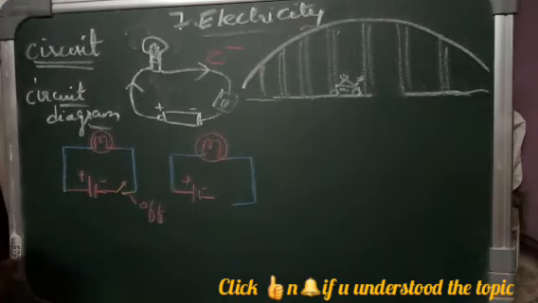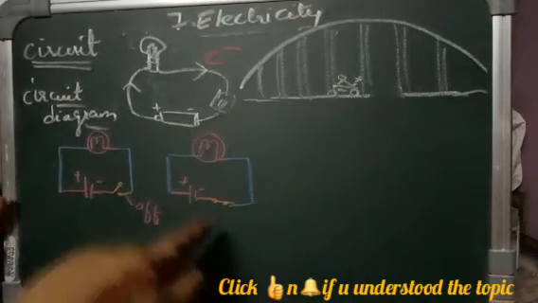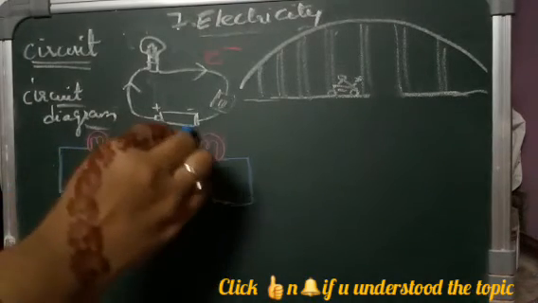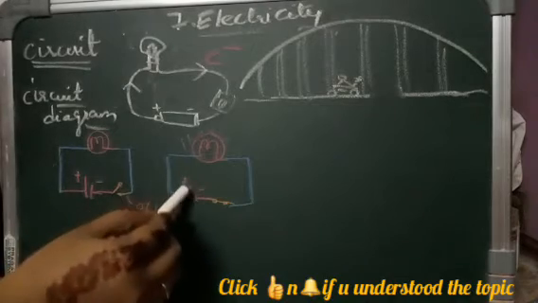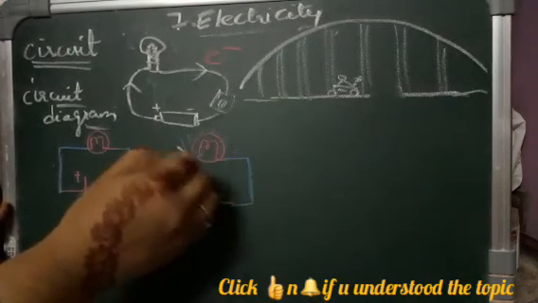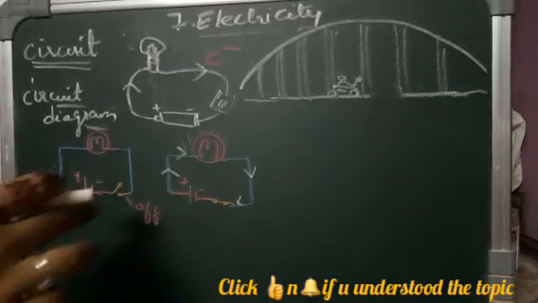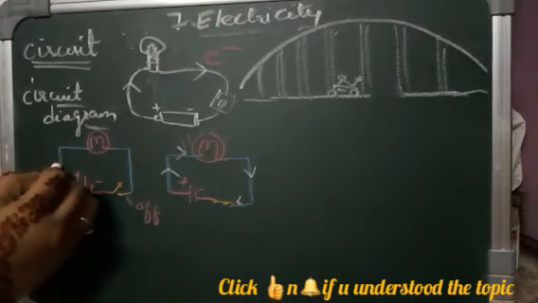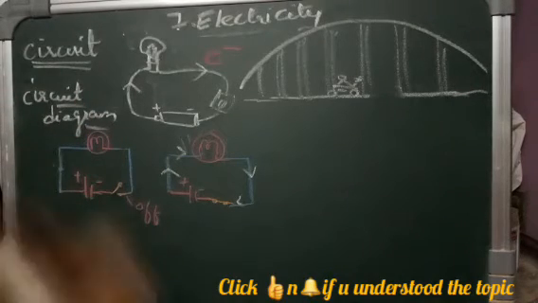When you switch on, the bulb starts glowing. That is, the flow of electrons from the positive terminal to the negative terminal starts. When the switch is off, the flow of electrons does not take place. The electrons stop there only, they do not move.